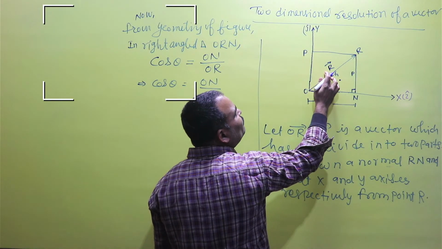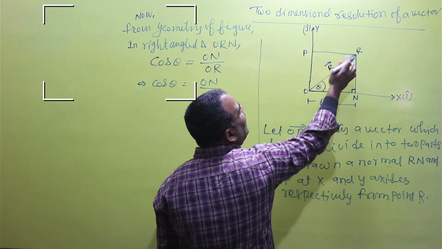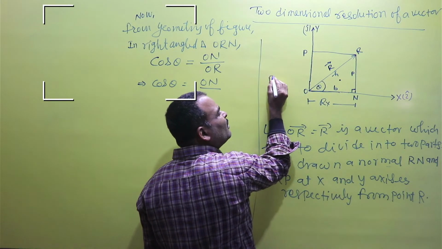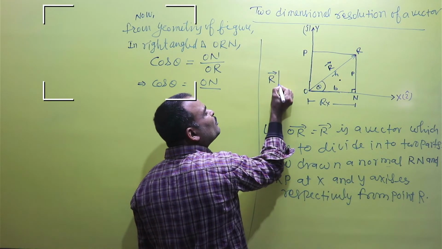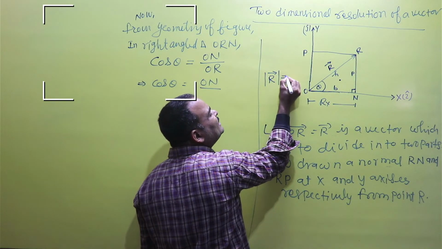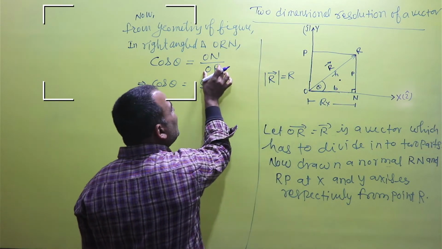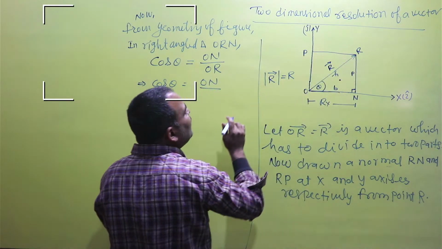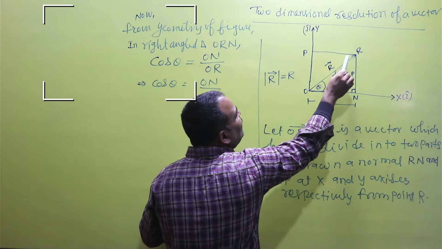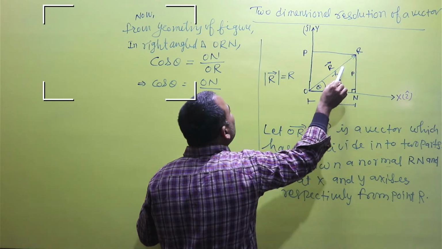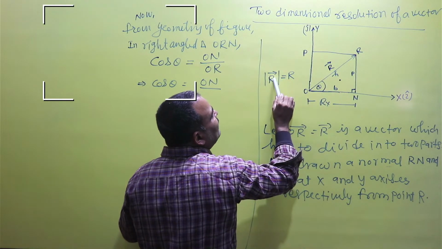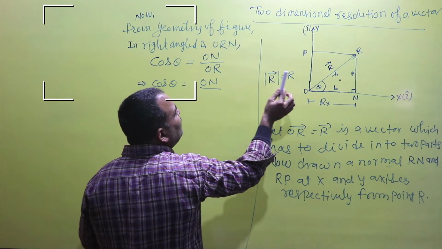OR is the length of the arrow of vector R. The length of the arrow of a vector provides its magnitude. So OR is equal to the magnitude of vector R, that means mod of vector R, which is R.